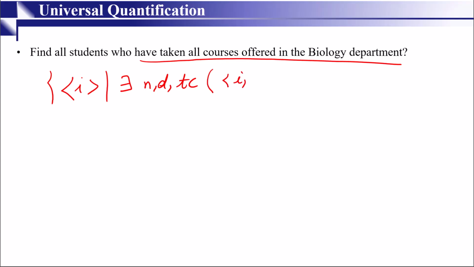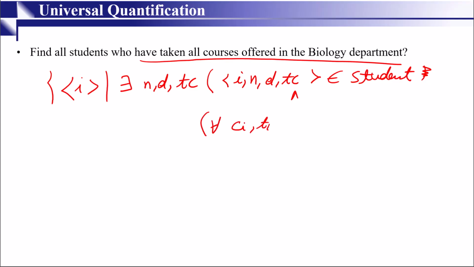Then I, N, D, TC is in student, and this one should not include. And then for all course ID, TI, DN, and CR. These are in courses, right?